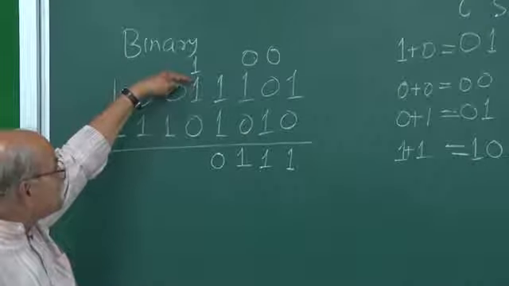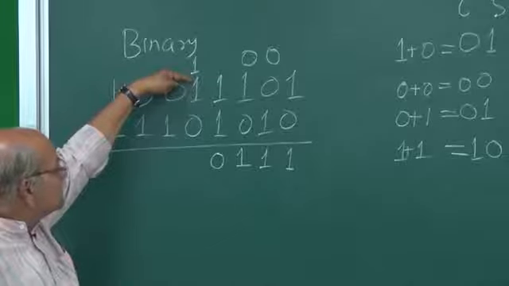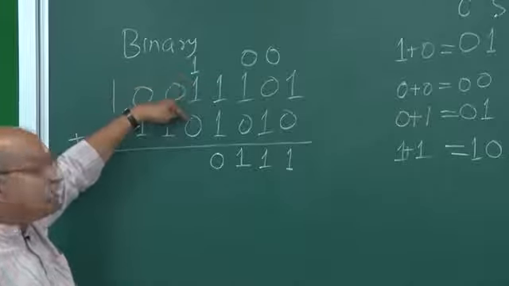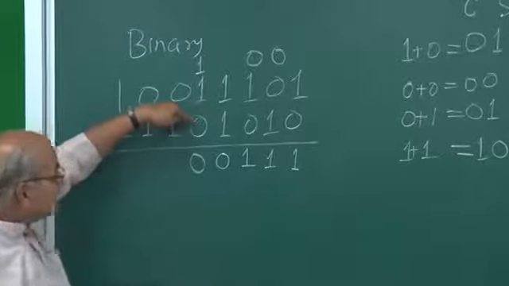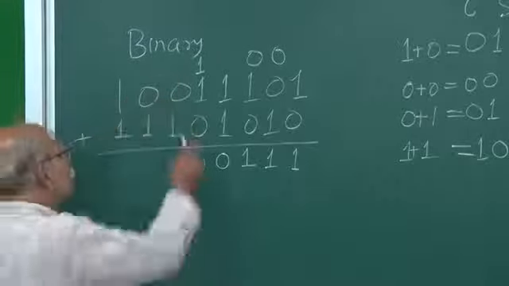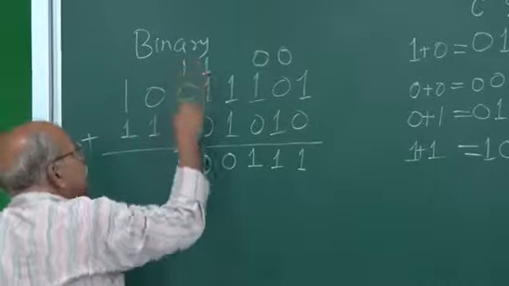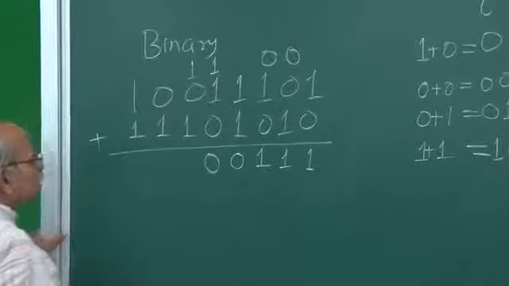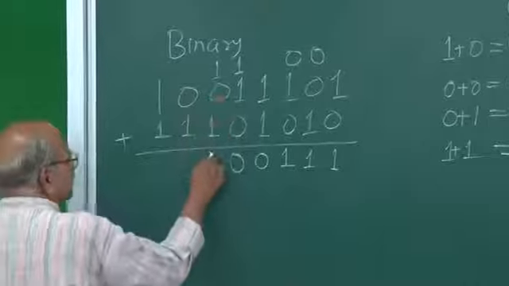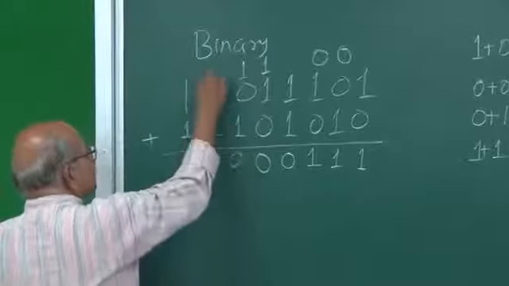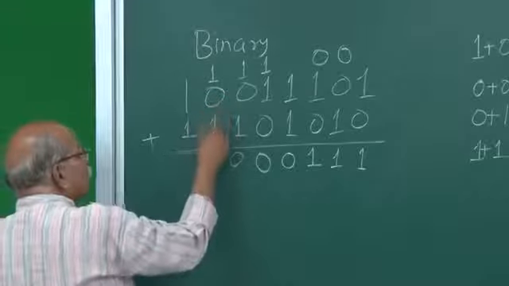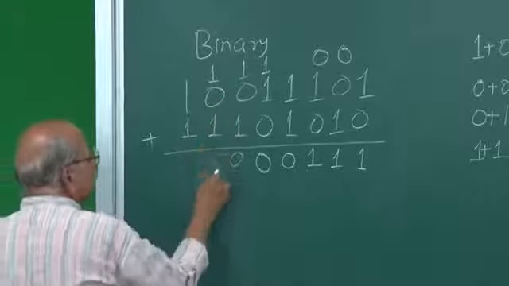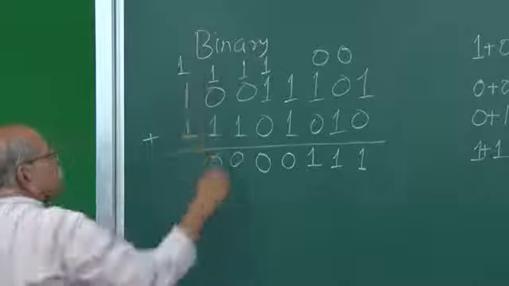So I have to remember that sum is 0, and that sum is to be added here, 0 plus 0, and that is 0, and that carry still remains. So that carry goes here, and then 1 plus 0 is 1, and 1 plus 1 is 1 0. So this 0 goes here, 1 goes here, 1 plus 0 is 1, 1 plus 1 is 0 here and 1 here.